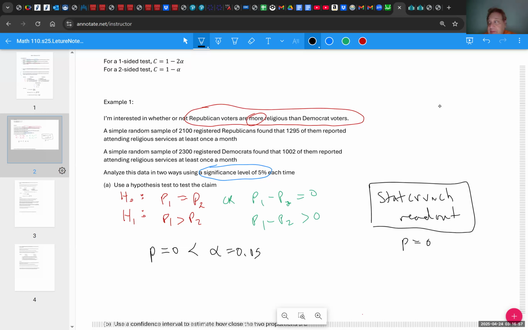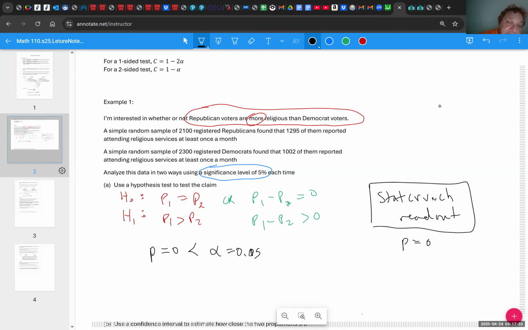So if the p-value is super small, lower than the alpha value, then we know that the probability of these samples being collected and the null hypothesis still being true is really improbable, right? Almost no probability that we could have both equal proportions in the population, but get samples with such different proportions.